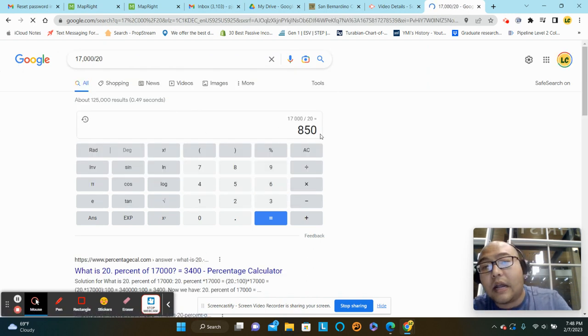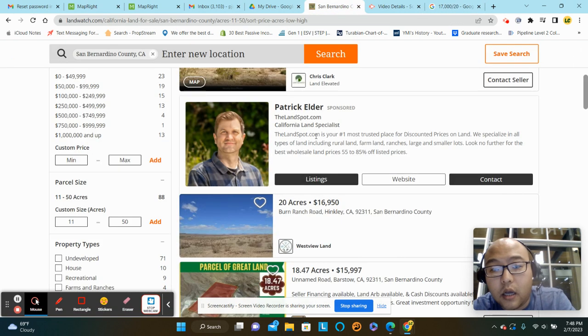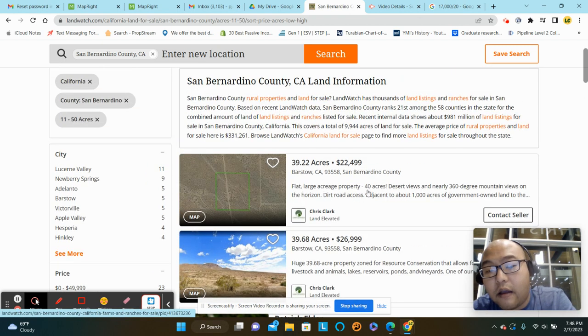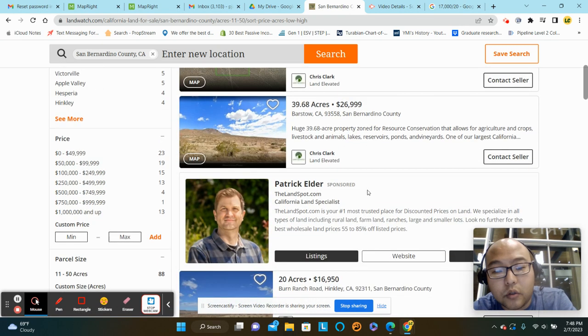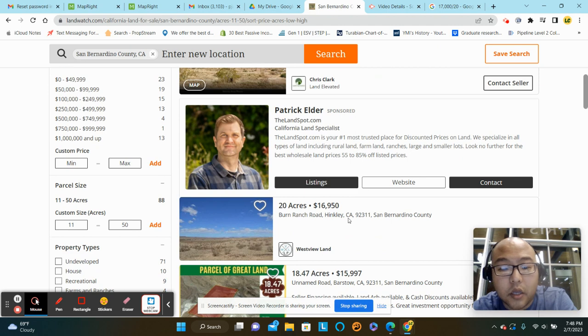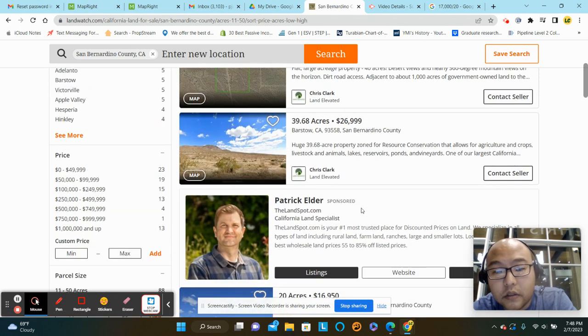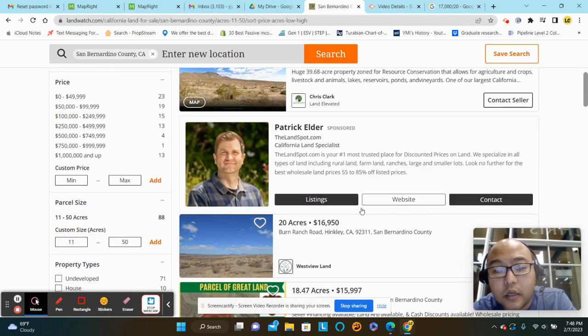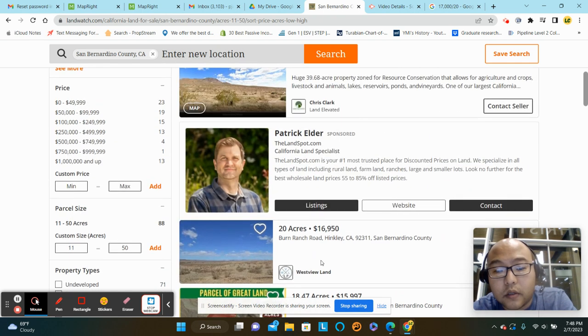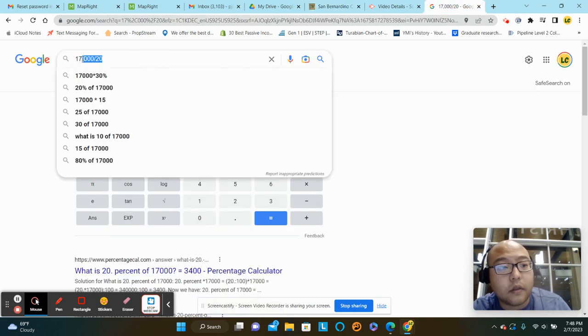So this guy's pricing it at 850 an acre. This guy is pricing it at 550 an acre. So if you bought something at 200, 300 an acre, anything above 20 acres, 20 to 40 acres, you're going to be okay. Just for example, this guy over here, he probably paid, let's say 300 an acre, 20 times 300.